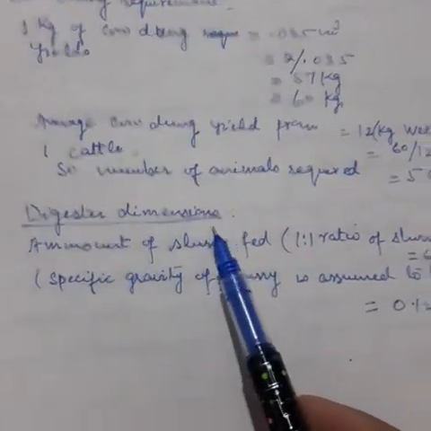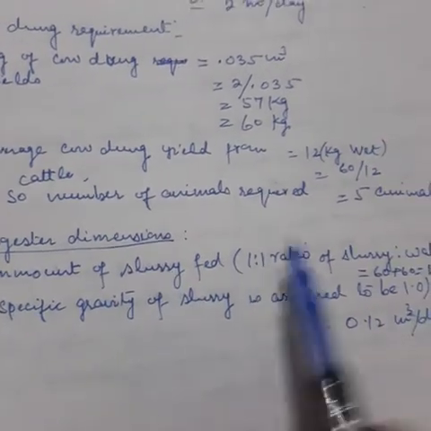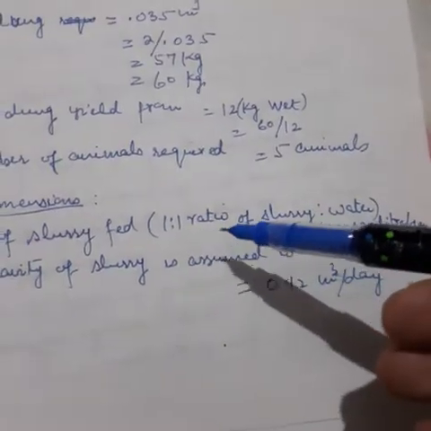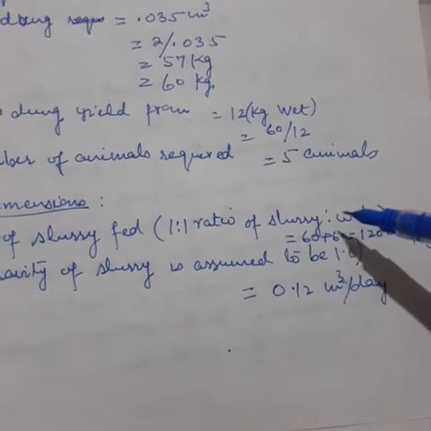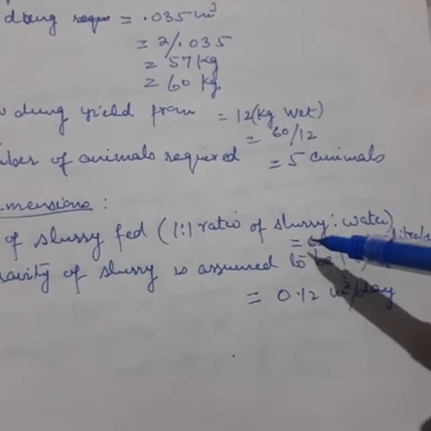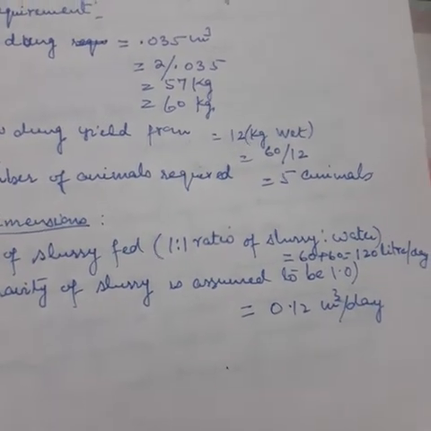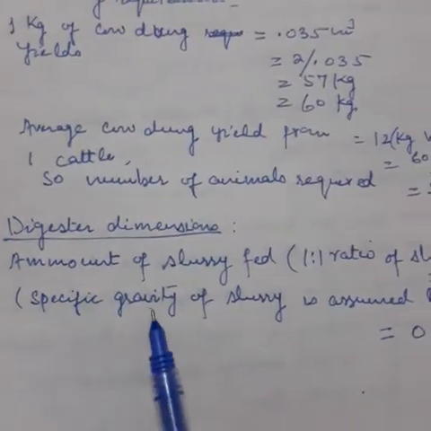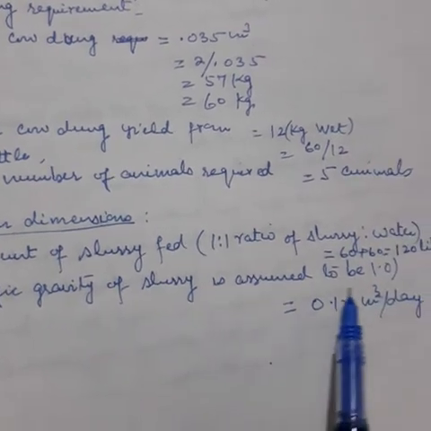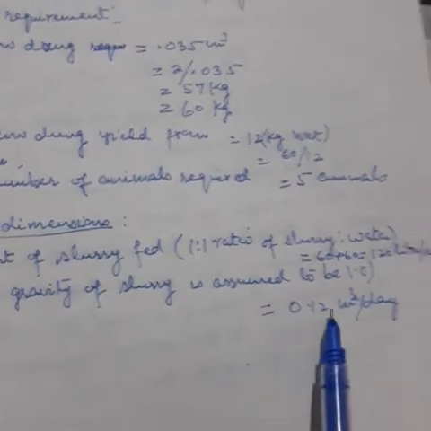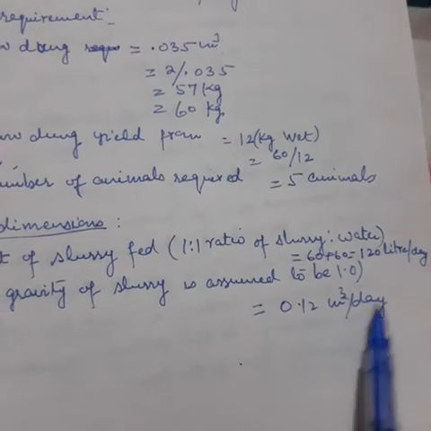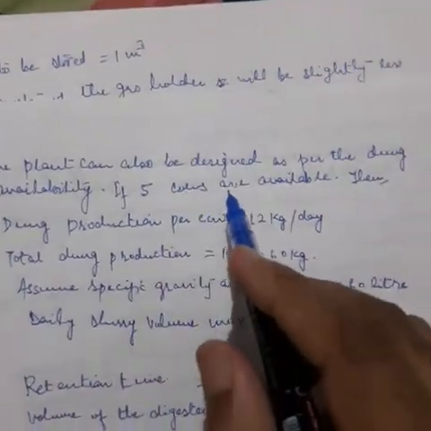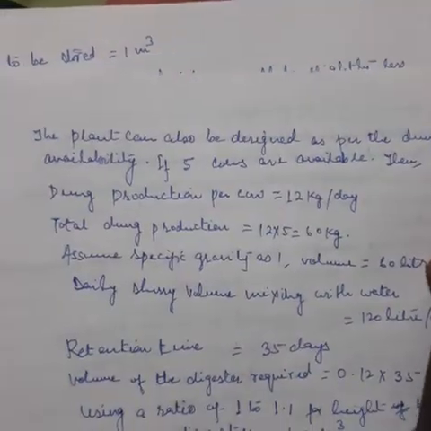Digester dimensions. Amount of slurry fed: it is a 1:1 ratio of dung to water, that is 60 plus 60, equal to 120 liter per day. Specific gravity of the slurry is assumed to be 1, that is equal to 0.12 meter cube per day. The plant can also be designed as per the dung availability.